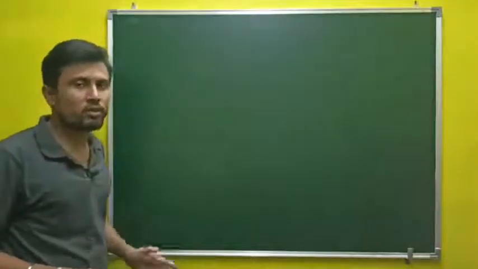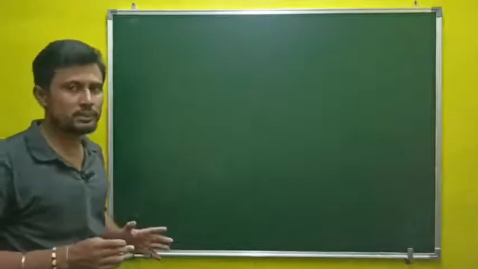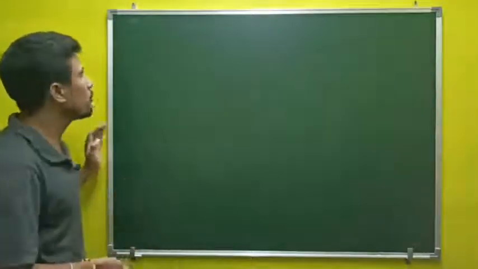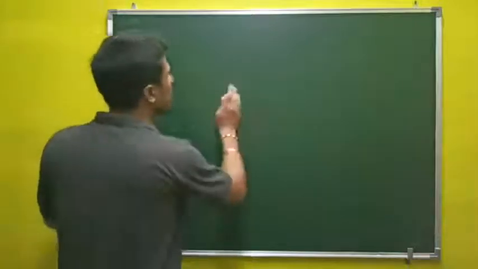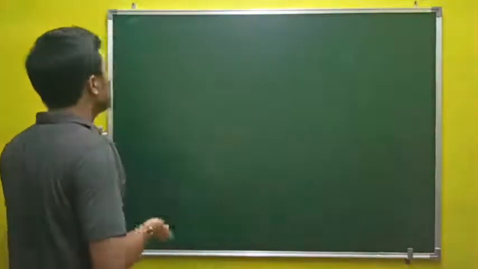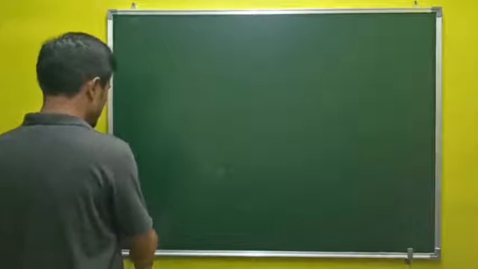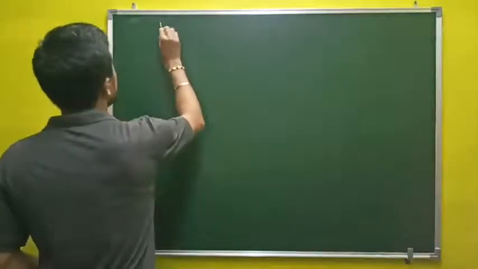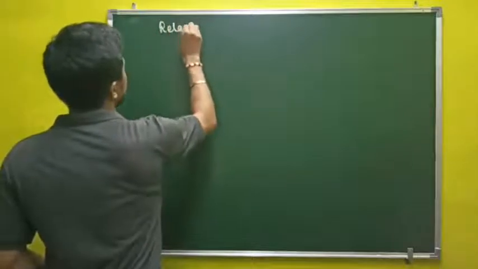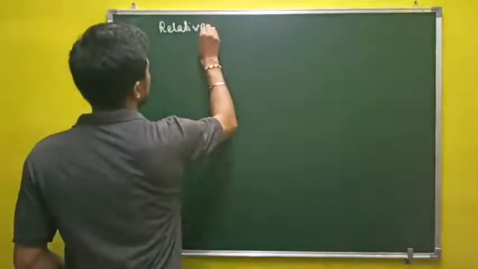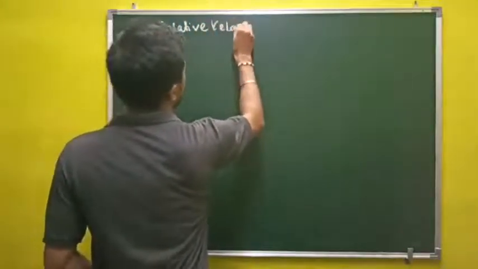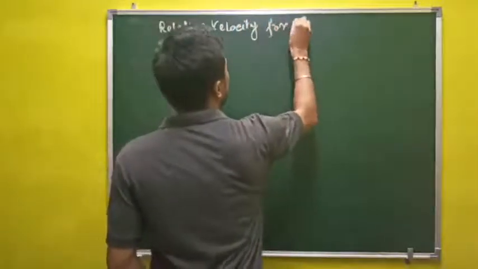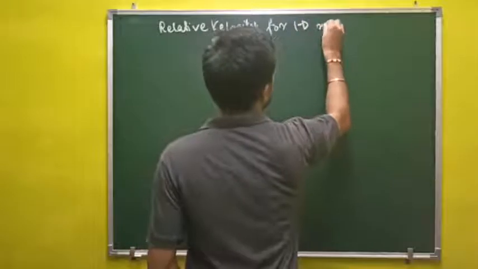Now we will discuss relative velocity, or apparent velocity, in the case of one-dimensional motion. If you consider the motion of two objects along one direction, both moving in one direction. Just write down the heading: relative velocity for one-dimensional motion.